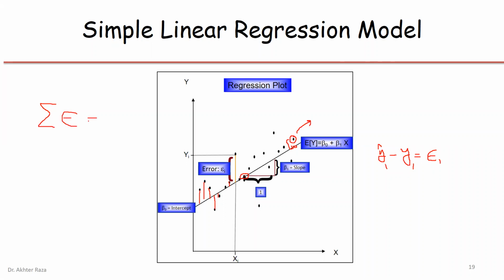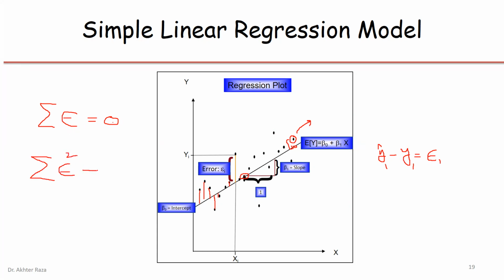This is one of the important assumptions about these errors, because a few values of the errors are positive, since some points are above the line and the remaining are below the line. The total becomes zero. So this is one of the important conditions about the error: the sum of errors will be zero and the sum of squares of errors will be least.